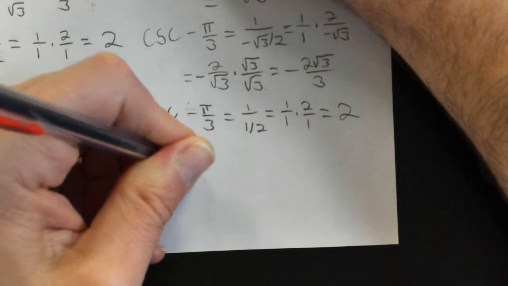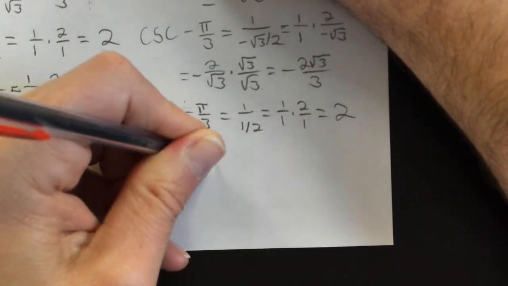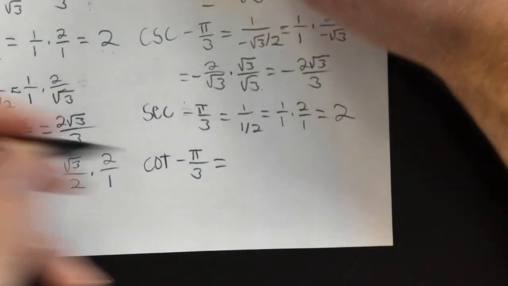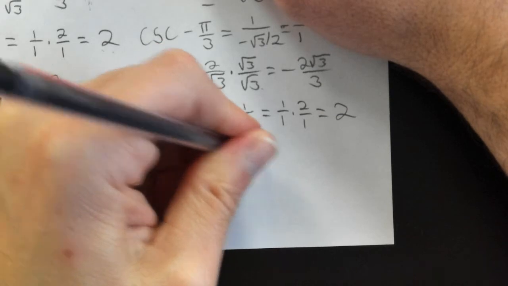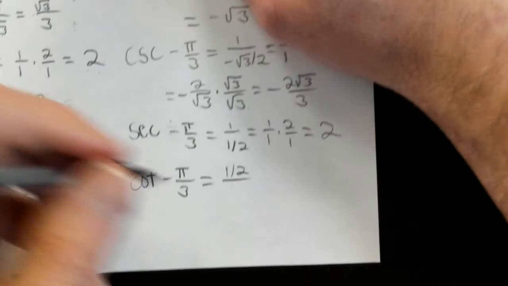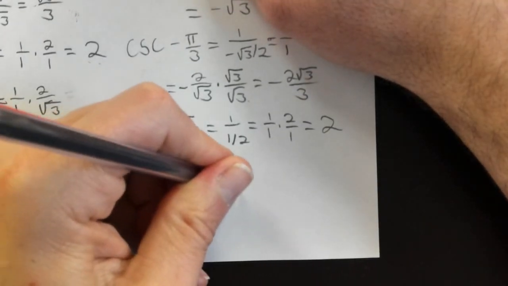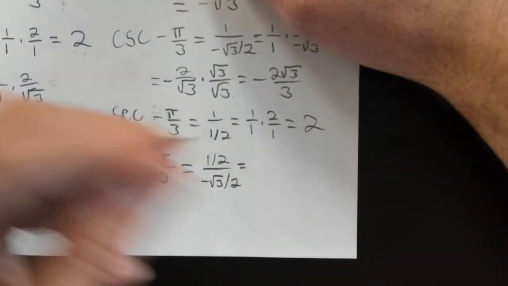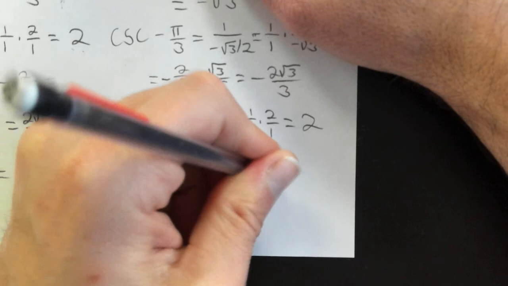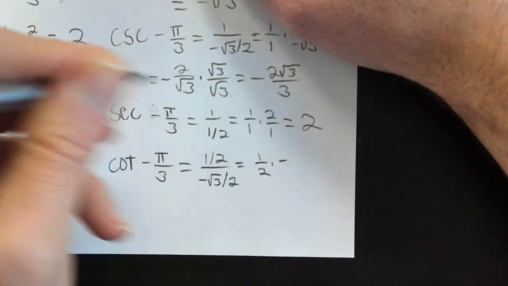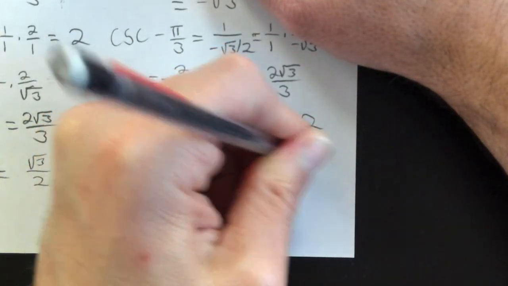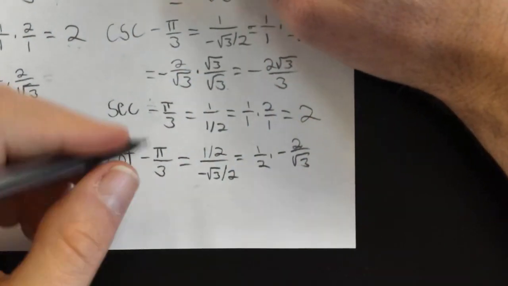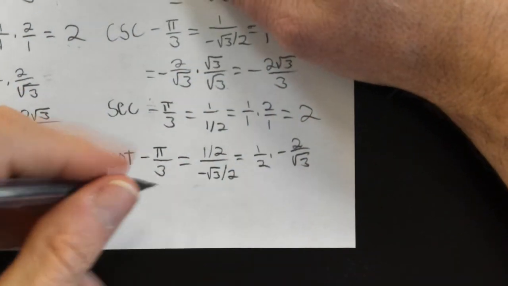Cotangent of negative pi over 3 is going to be equal to, so our cotangent is x over y. So the x is 1/2. The y is negative square root of 3 over 2. So let's multiply by the reciprocal of the denominator, which would be 1/2 times negative 2 over square root of 3. When I multiply that out, the 2's will cancel out.